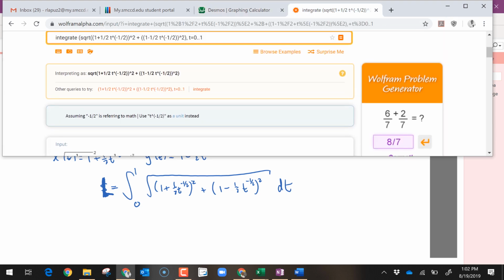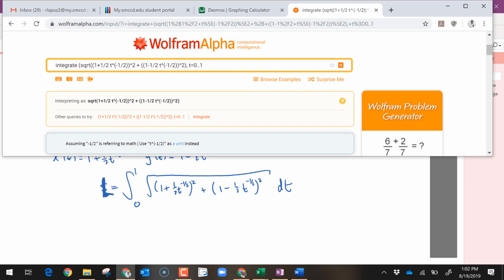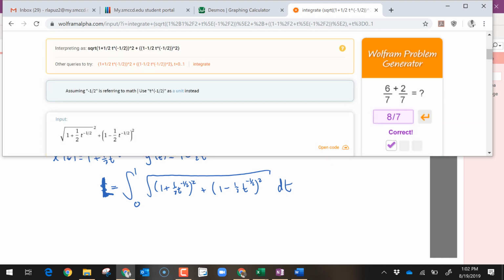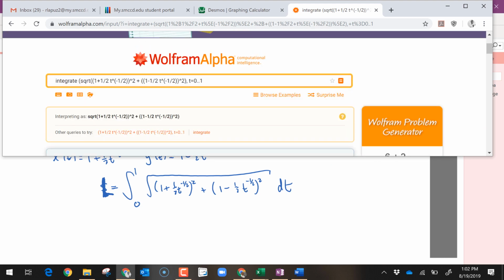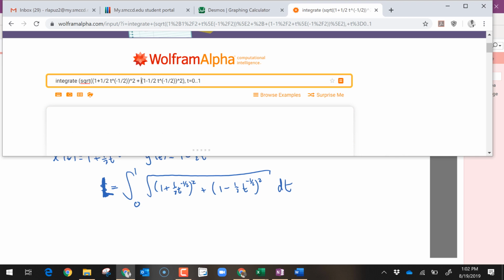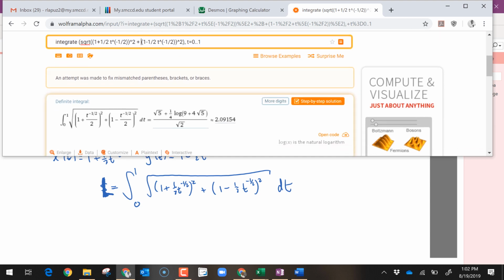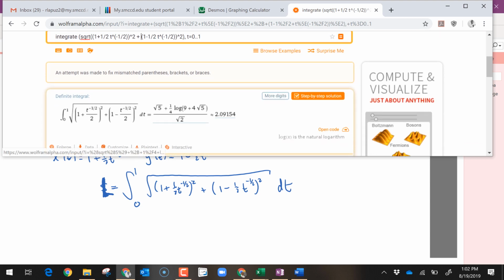It didn't happen. Parentheses. So 2.09, a little bit bigger than 2, right?